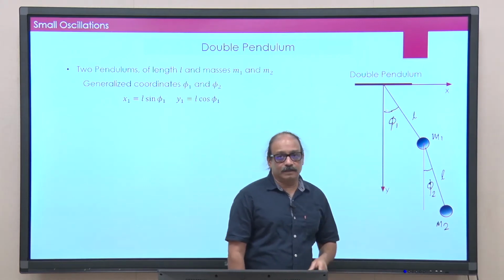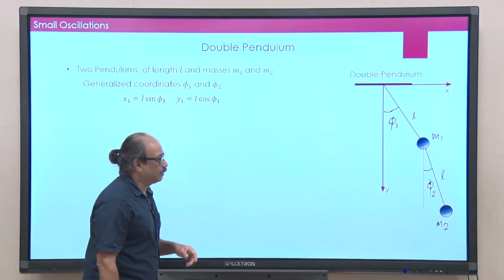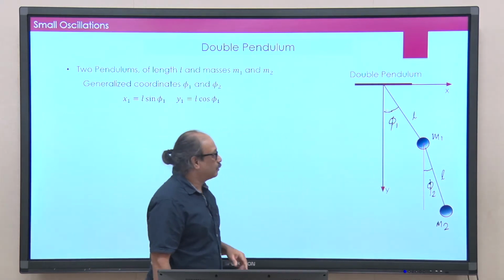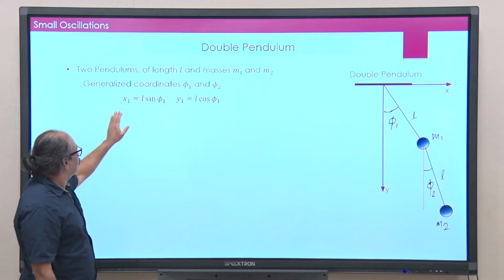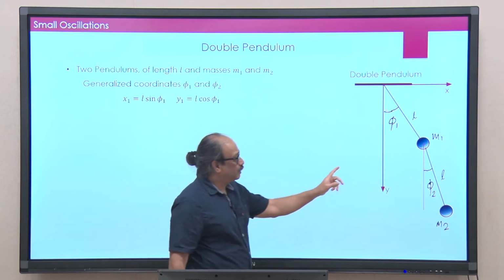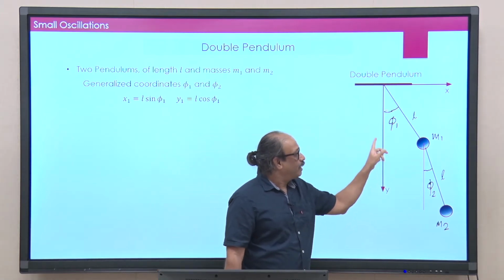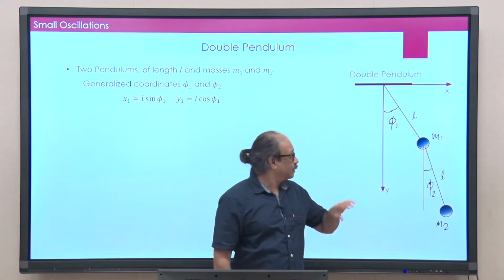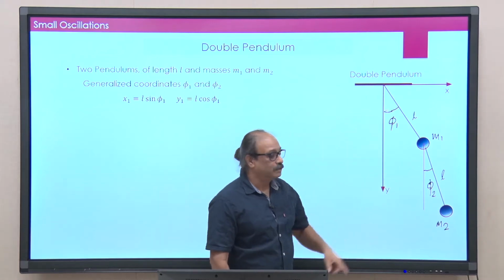If you write down the coordinates of mass m1 in terms of the generalized coordinates, that would be x 1 is equal to L sin phi 1, that is basically this distance here, and y 1 is L cos phi 1, that is basically this distance here.